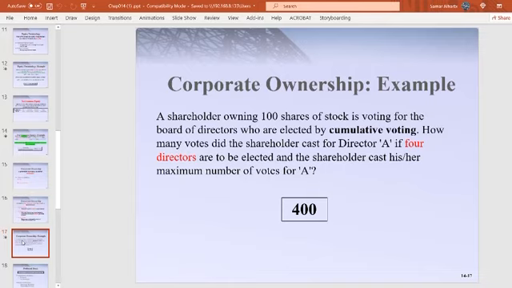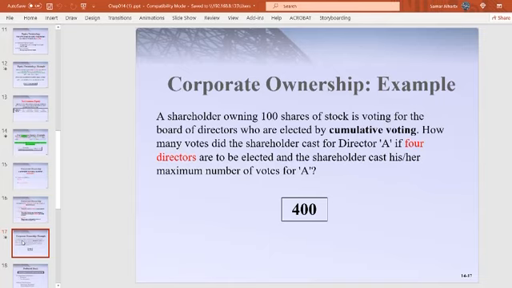Now, given cumulative voting, shareholders own 100 shares and are voting for a board whose directors are elected by cumulative voting. How many votes did the shareholder cast for Director A, if four directors are to be elected and the shareholder casts his or her maximum number of votes for A?